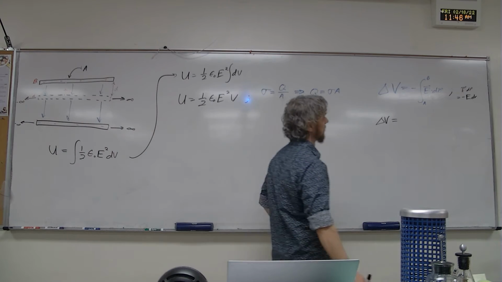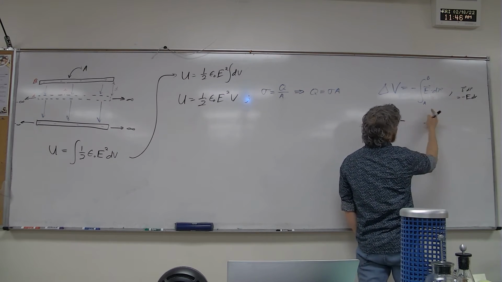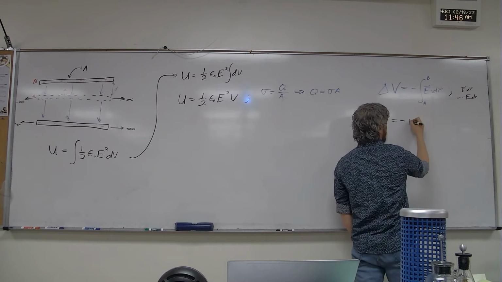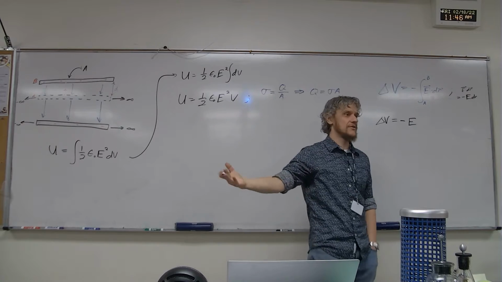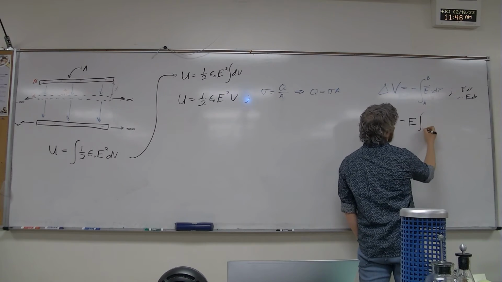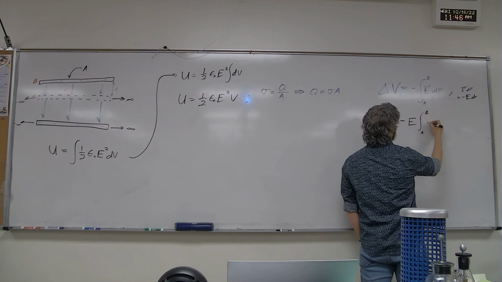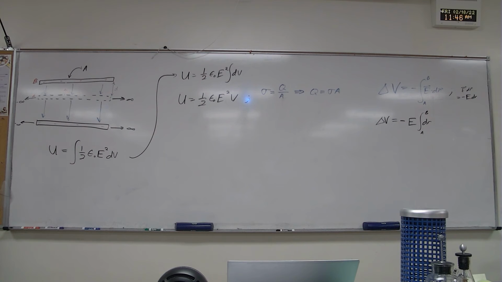And so that's going to be the negative integral of this, but the electric field is constant, which makes capacitors, parallel plate capacitors, so nice. The electric field is constant in there. Times the integral from A to B of dr. And what do I get when I add up all the drs?